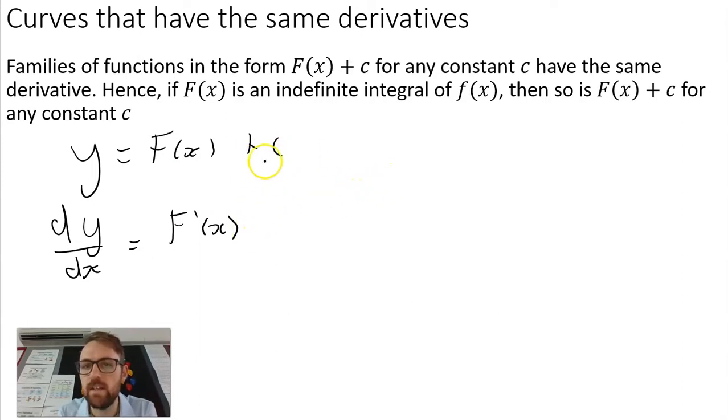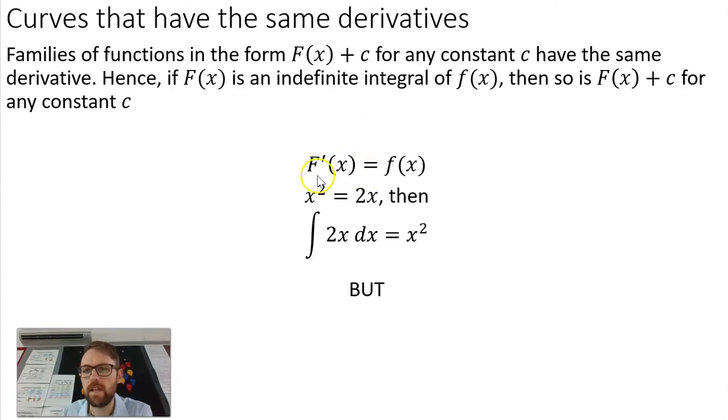So although c could be any number, 4, 12, or negative 100, it goes away when we differentiate. We call them families of functions, and they all have the same derivative, but when we go back from the derivative, we've got to take that into account.